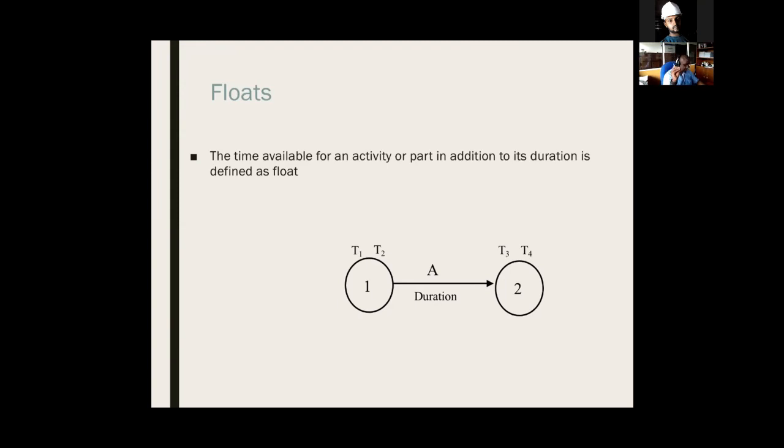Slack is, if you remember bar charts in MS Project, there was a possibility that we could get a line like this. Float practically means the amount of time that we can delay an activity without affecting the total project duration.